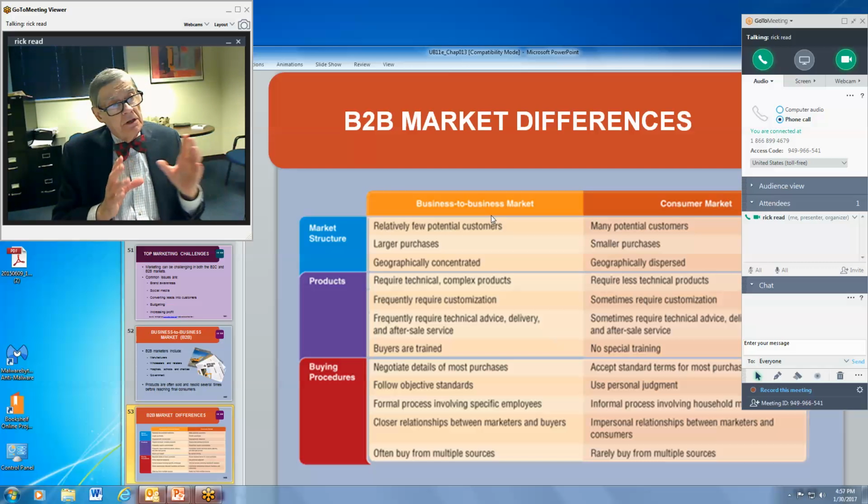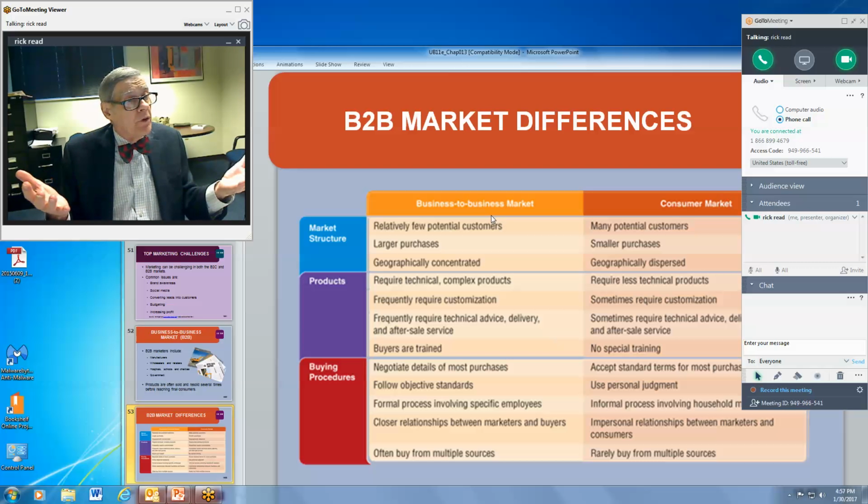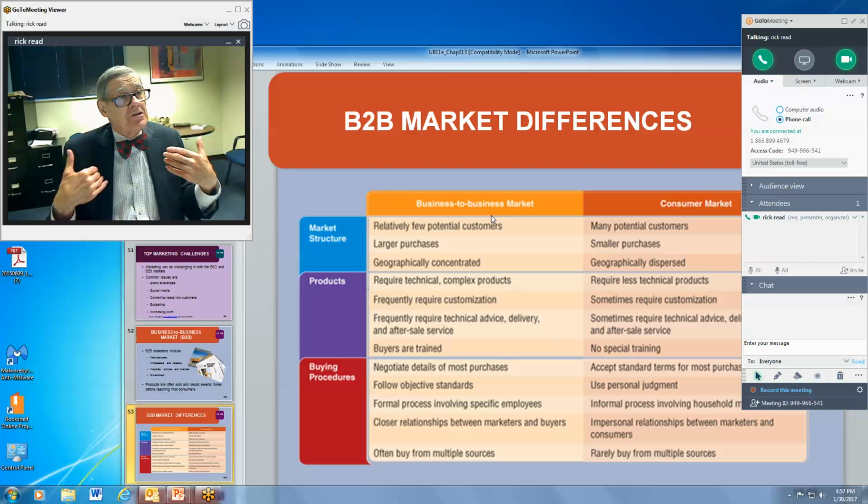They look at things differently. And again, remember, consumer market, we're talking about end user, and in the business to business market, it's a whole different ballgame.